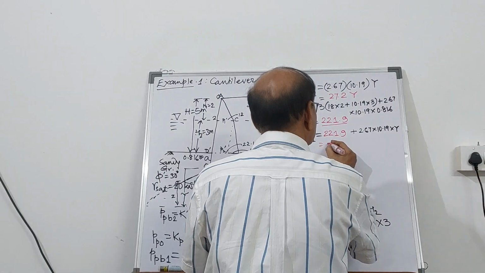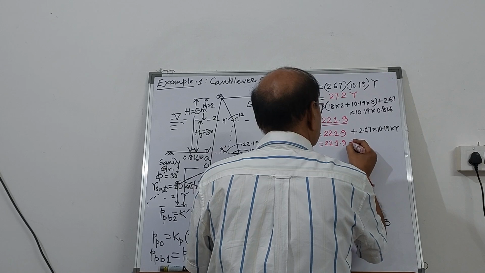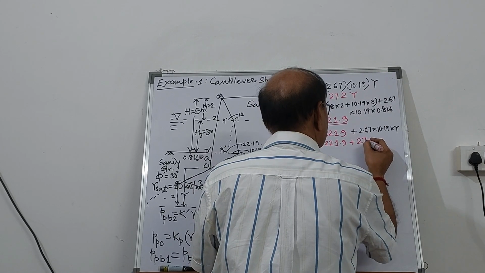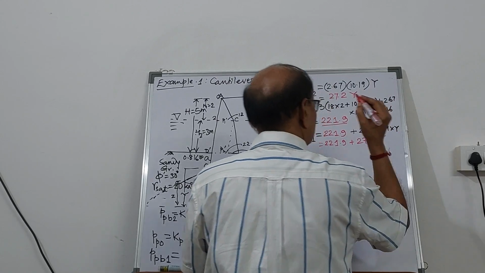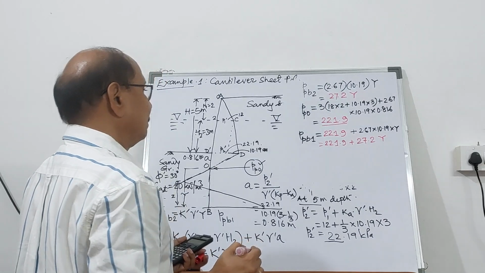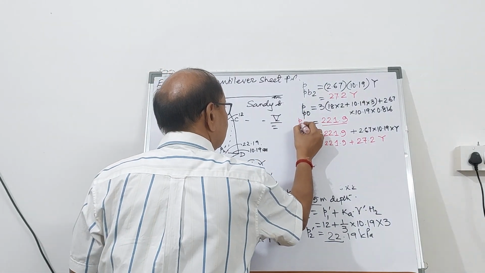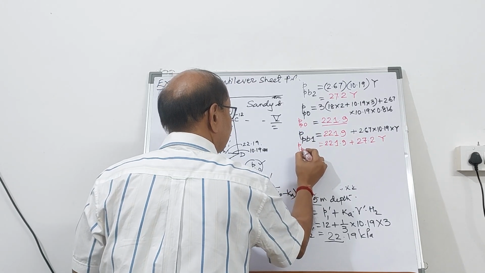This is 221.9 plus 27.2 Y. This is the value of PPB1.